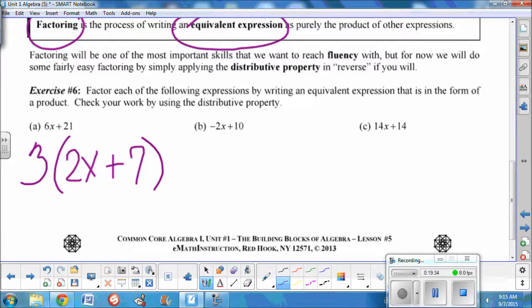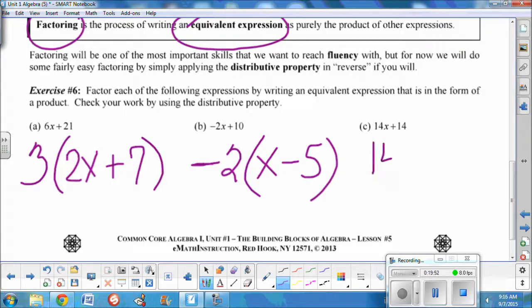B, I might say my common factor is negative 2. And that's going to be an x. And, oh, be careful. Negative 2 times what is going to give you positive 10? It's going to be a negative 5. And then this last one, what do they share in common? They share 14 in common, x plus 1.